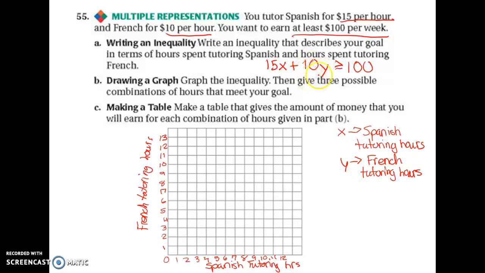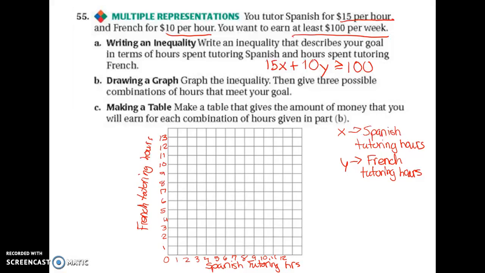So if I put 0 in here for y, and we're going to pretend this is equal right now so the intercepts work well, that's going to be whatever 100 divided by 15 is. So that's 6 2/3.